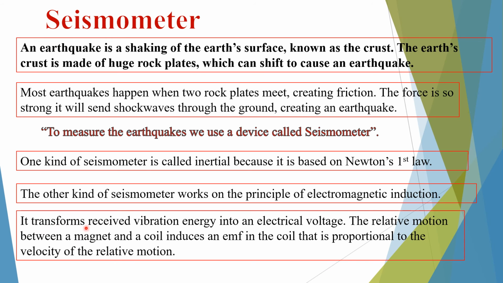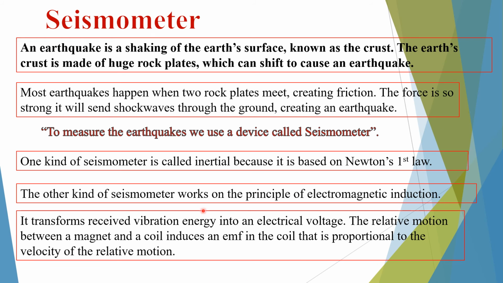A seismometer transforms received vibration energy into an electrical voltage. The relative motion between a magnet and a coil induces an EMF in the coil that is proportional to the velocity of the relative motion.